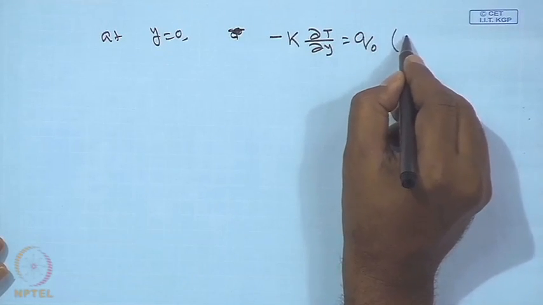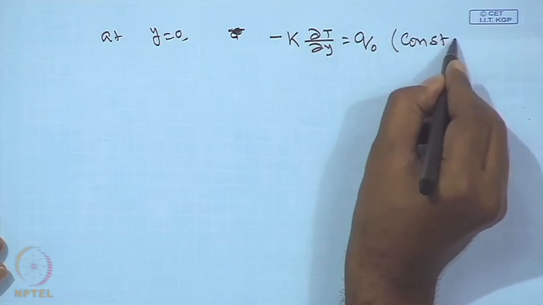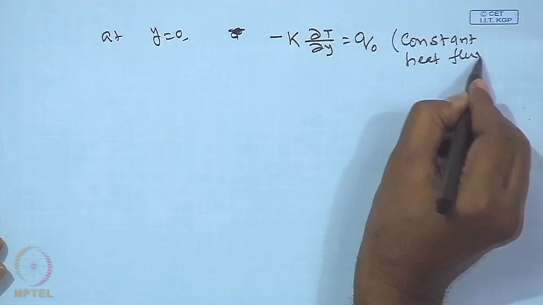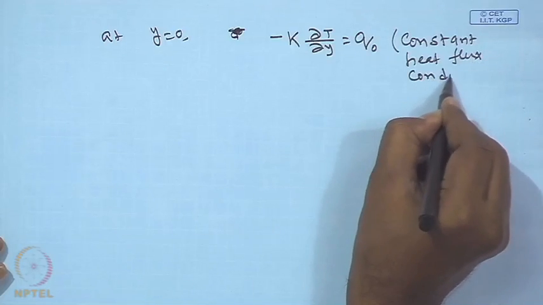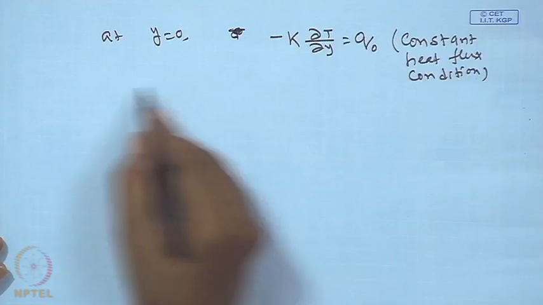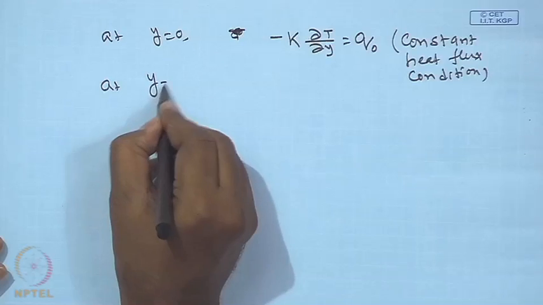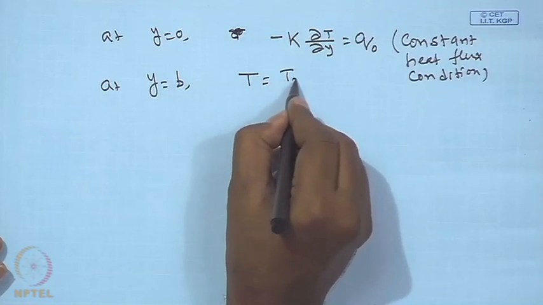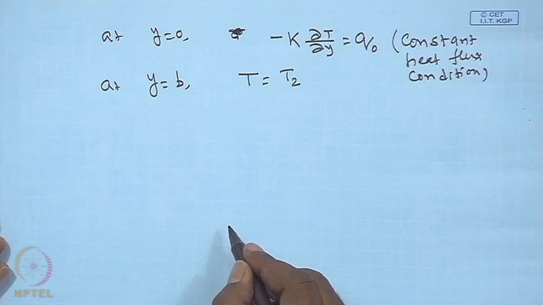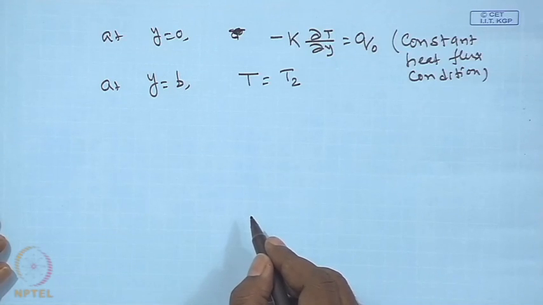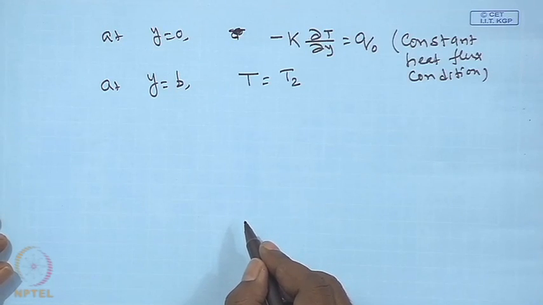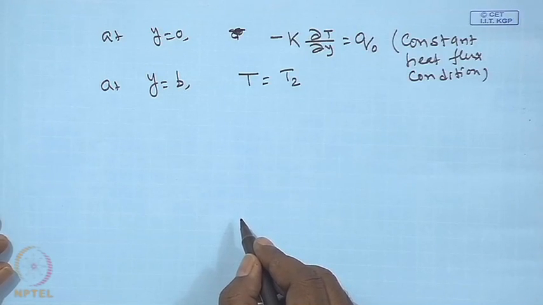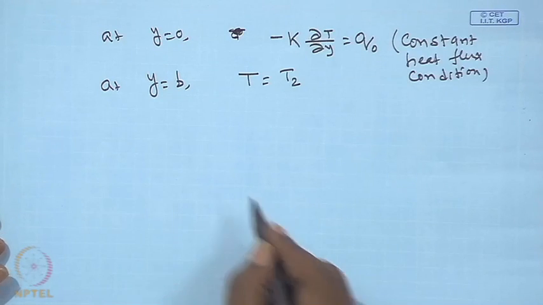So, this is known as the constant heat flux condition. Then let us put the other boundary, that is at y is equal to b, T is equal to T 2. We maintain a Dirichlet boundary condition or a constant temperature at the boundary located at y is equal to b.